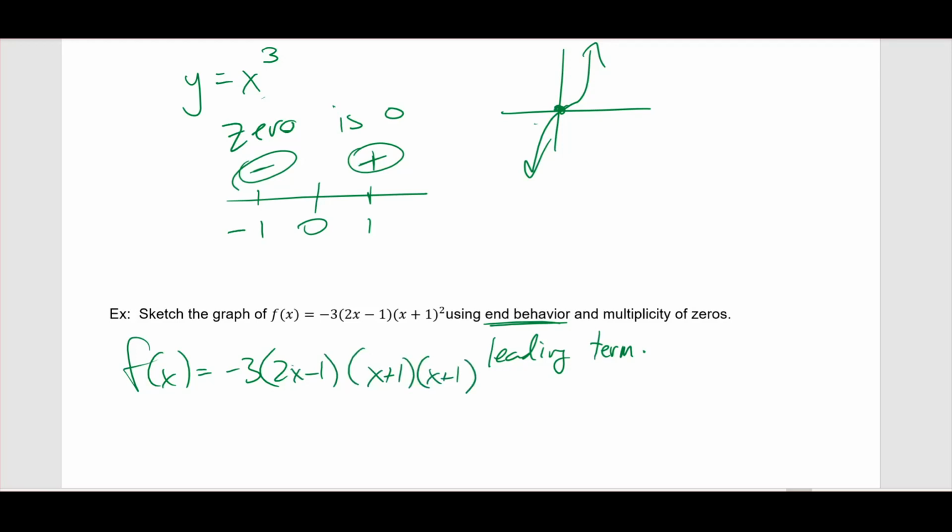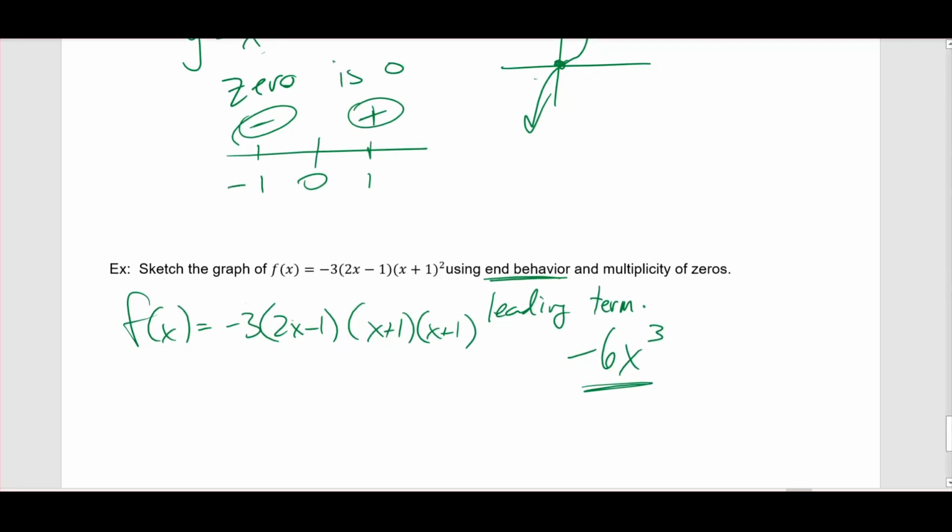Then it's clearer that for the leading term, I'm just going to multiply all of these together. So x times x is x squared, times 2x would be 2x cubed, times -3 would be -6x cubed. We're just taking the largest power in each factor and multiplying it together. And there we go, we've got it.